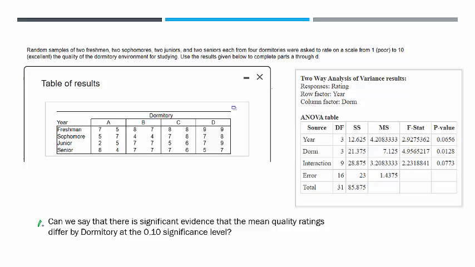And so based on the ANOVA table given, can we say that there is significant evidence that the mean quality ratings differ by dormitory at the 0.10 level of significance? Hint, we always look at the interaction effect first. And if there is a significant interaction, then we do not proceed to testing the main effects. So take a minute to answer this question.